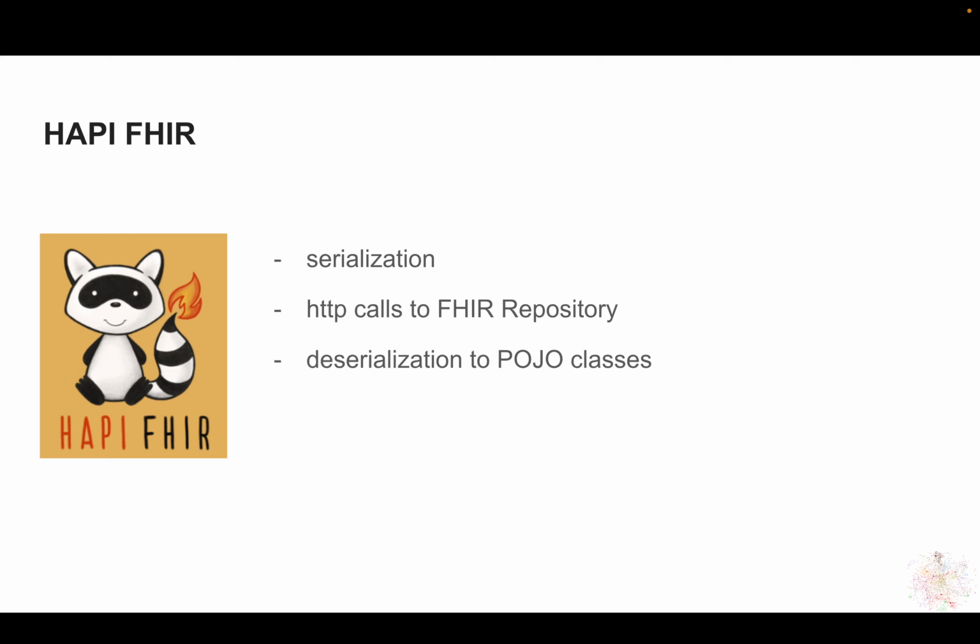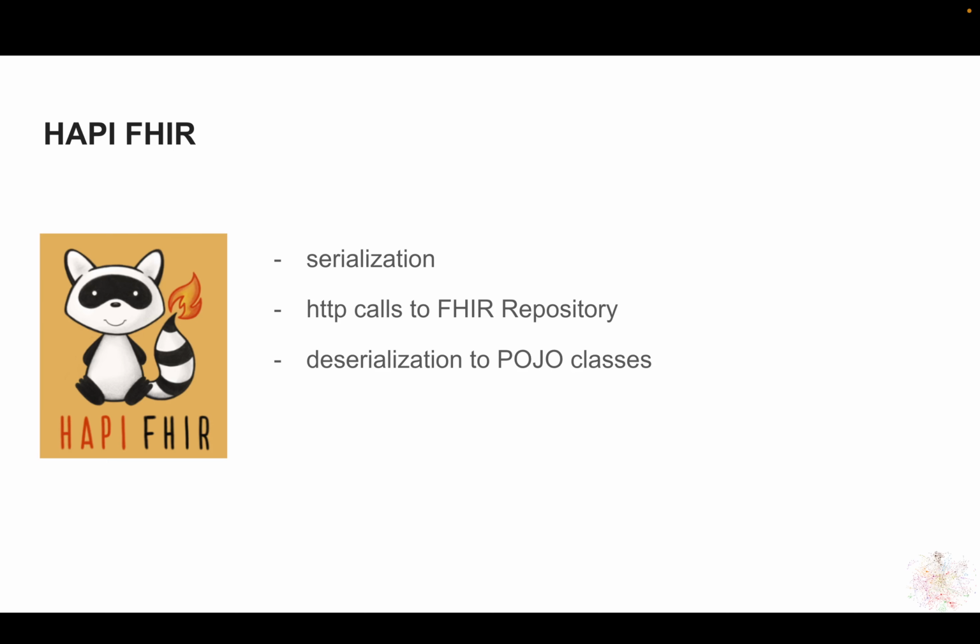Thanks to the community, we already have all these requirements covered, and we have a FHIR library which covers serialization, deserialization, and HTTP calls to the FHIR repository. It has a list of pages for each of the FHIR resources. It uses those special hints that we mentioned.